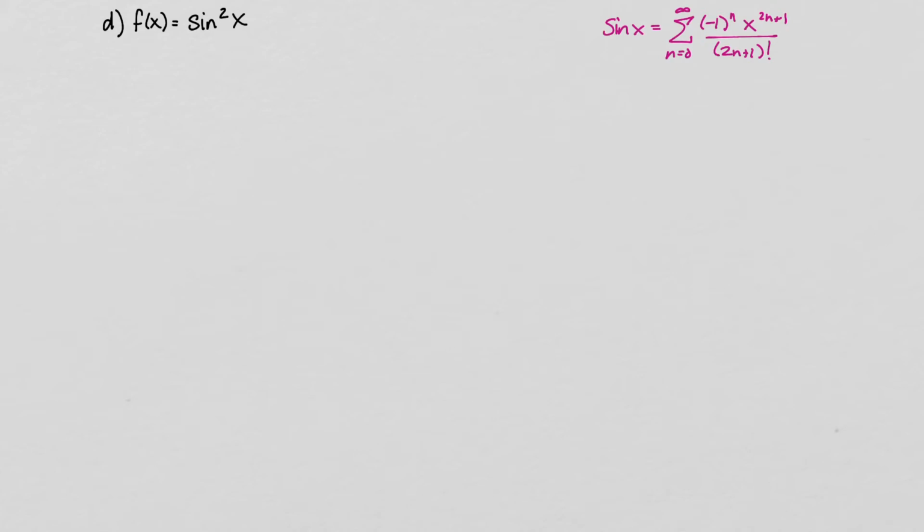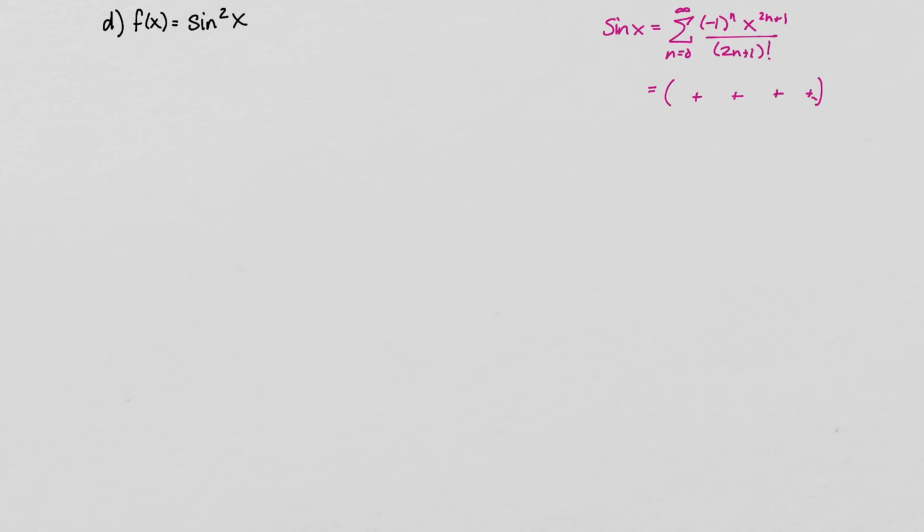However, that is really difficult because remember, this is a whole bunch of terms all added together, and it goes on forever. So you have an infinite number of terms added together.